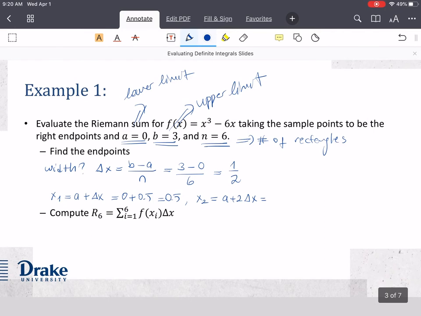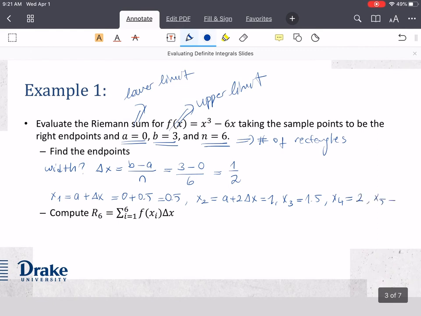Then this will be 0 plus 1, which is 1. Okay. x3 equals a plus 3 delta x, which will give you 1.5. x4 equals 0 plus 4 delta x, which is 2.